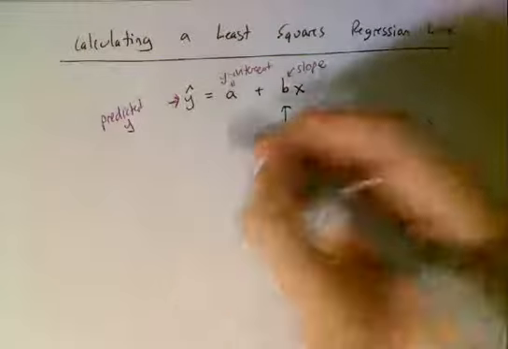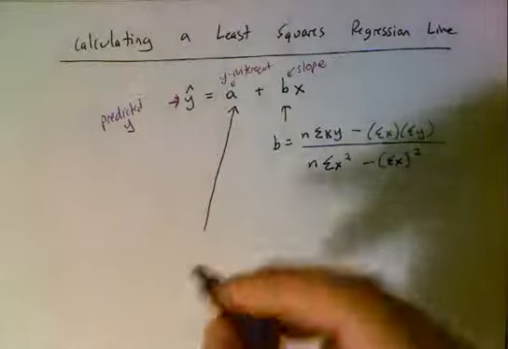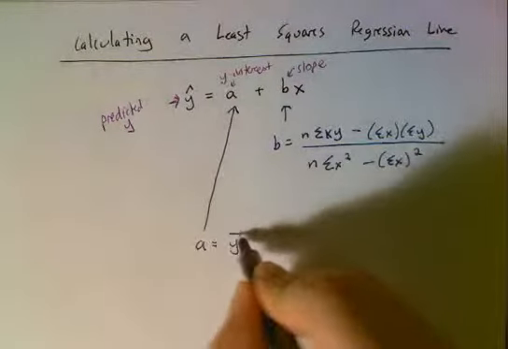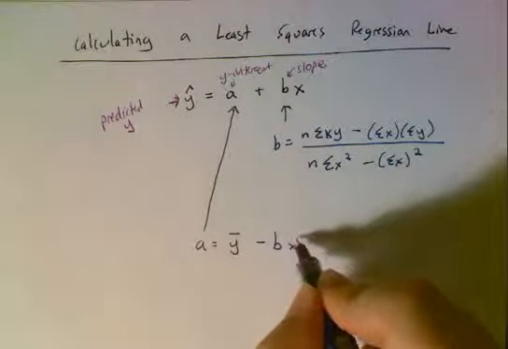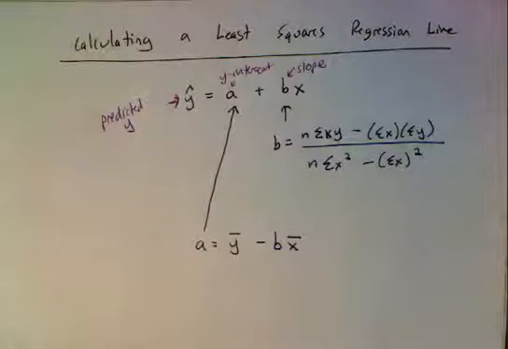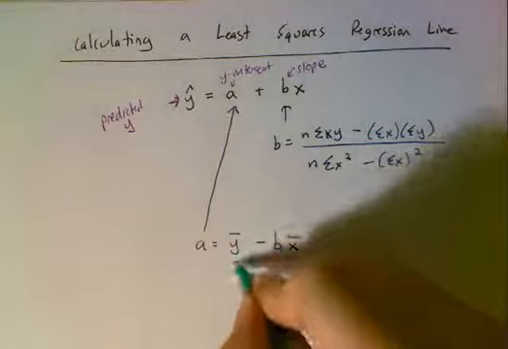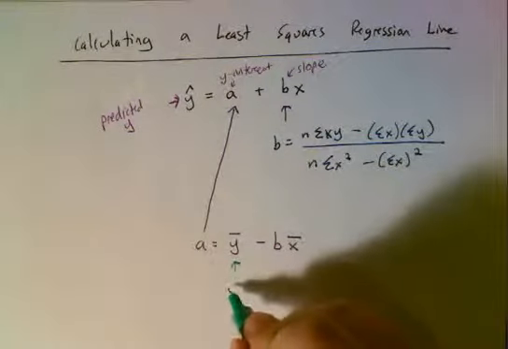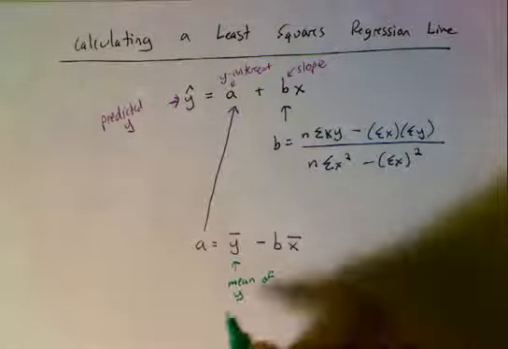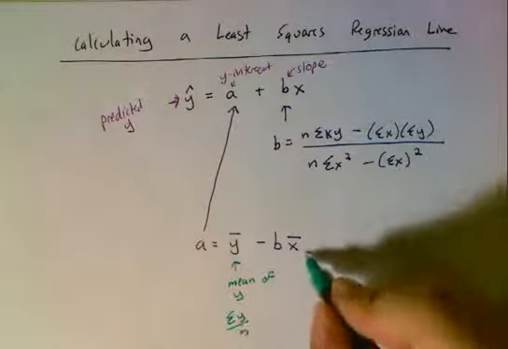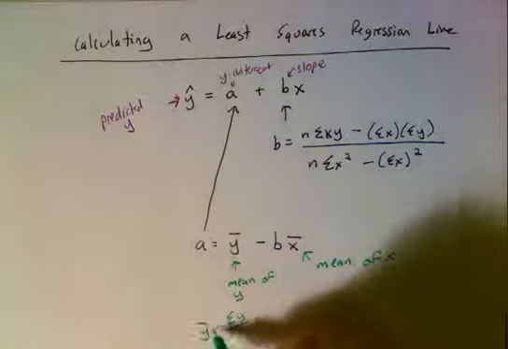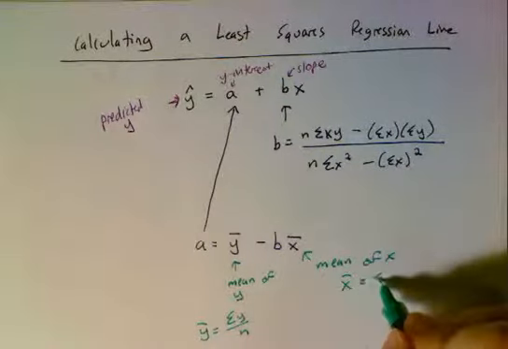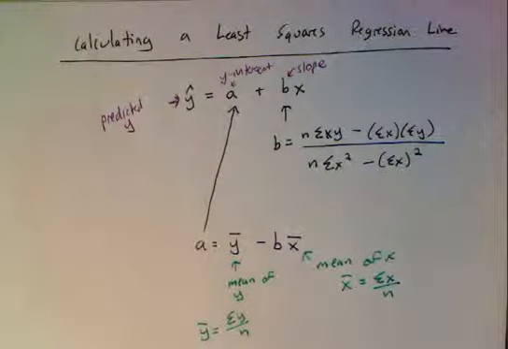And once you've found that, a is going to equal y bar minus b times x bar, where y bar is the mean of y, so it's sum of y over n, and x bar is the mean of x, sum of x over n.